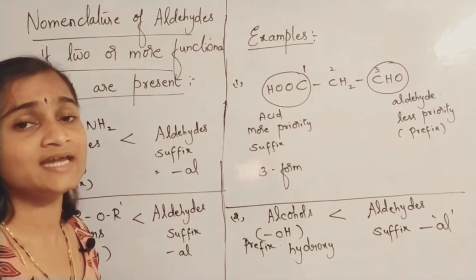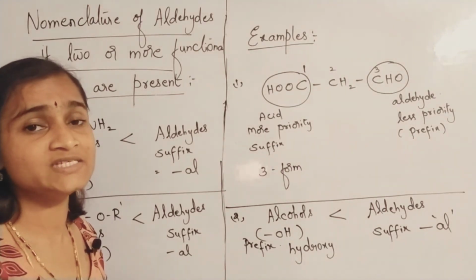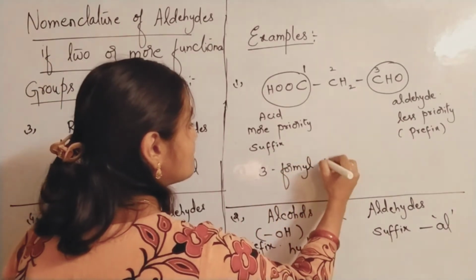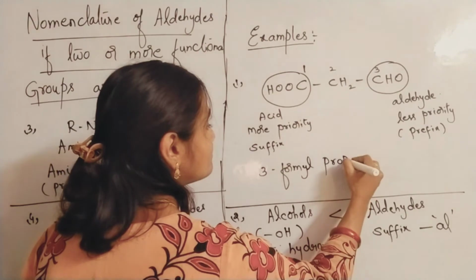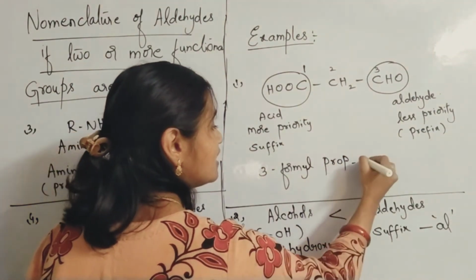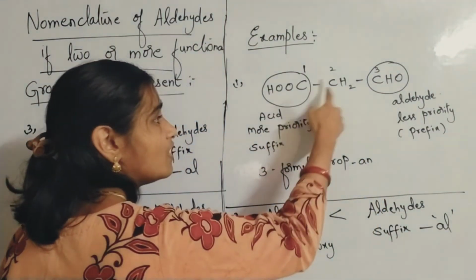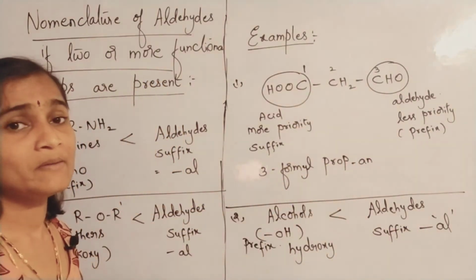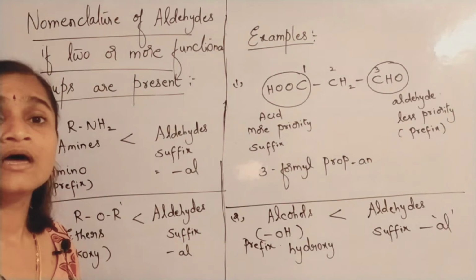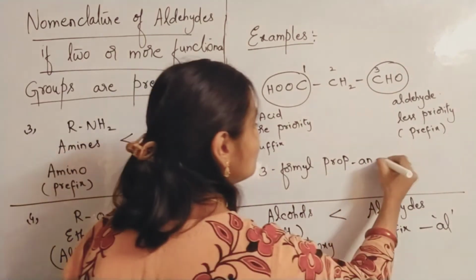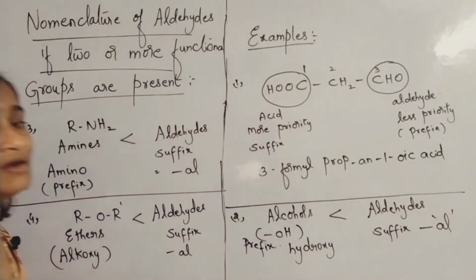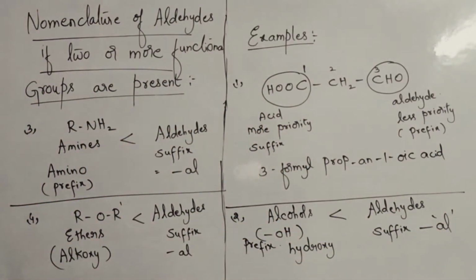Please understand carefully. Prefix for aldehyde is formyl. So 3-formyl propane, prop is the root word, an is the primary suffix. All single bonds are there in between all carbon atoms, so the primary suffix will be an. Propan 1 oic acid.